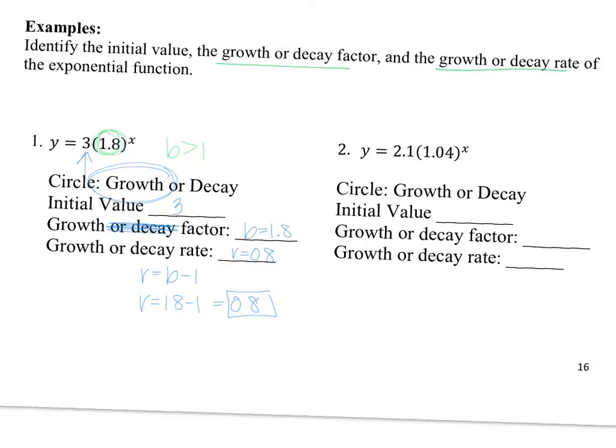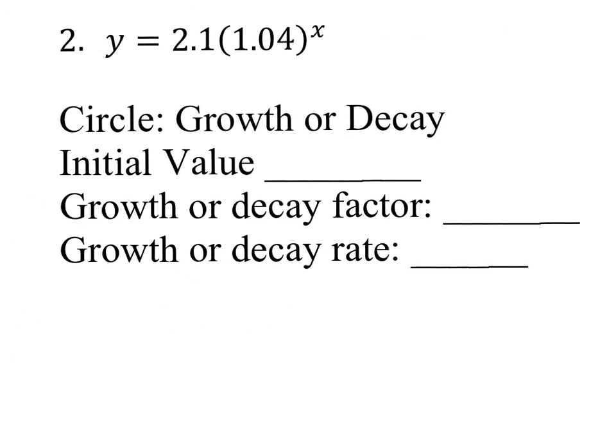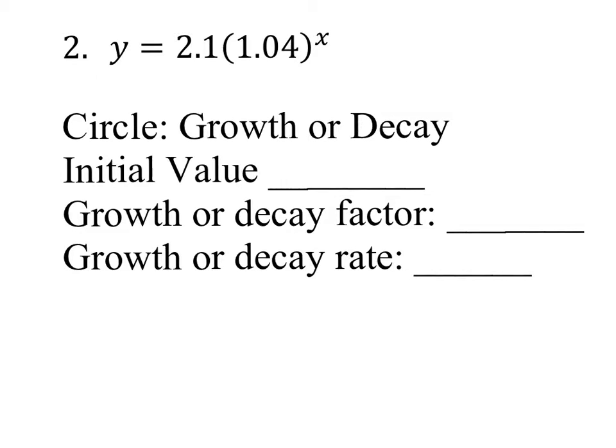All right, so let's try this next one. For number 2, again, is it growth or is it decay? Well, b is 1.04. Is b bigger than 1, or is b between 0 and 1? It's 1.04, so obviously b is bigger than 1, so it is growth. My initial value is what comes in front, so it's 2.1.